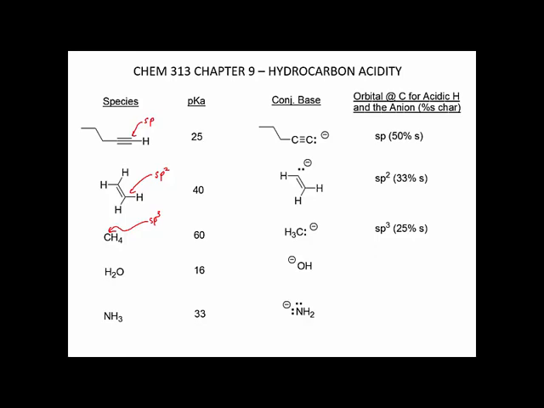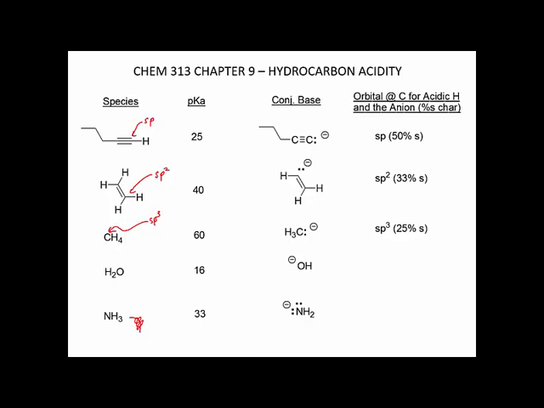Water, remember I told you in the previous half of the class that you always have to remember that water has a pKa of around 16, and ammonia has a pKa of around 33. Here are our conjugate bases: the acetylide, the vinylide, methyl anion, hydroxide, and amide anion. The enhanced acidity of the alkyne, remember, is due to the percent s character.